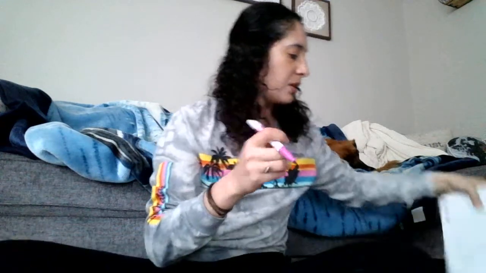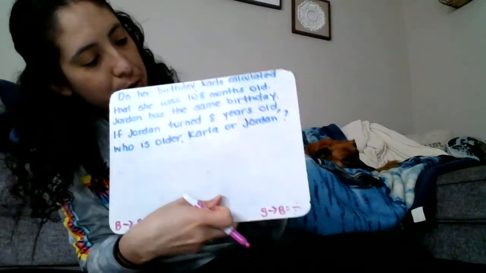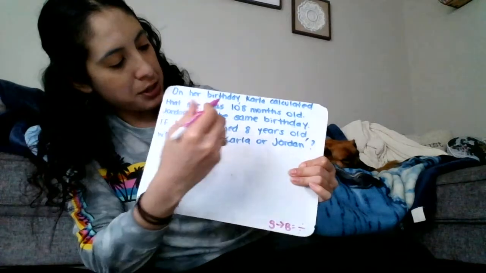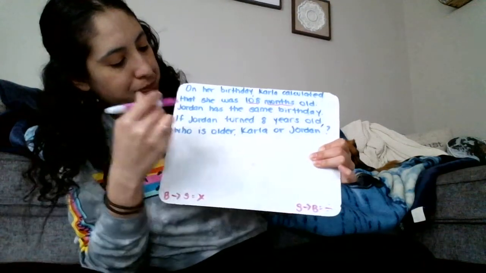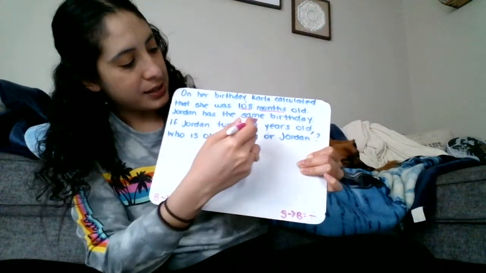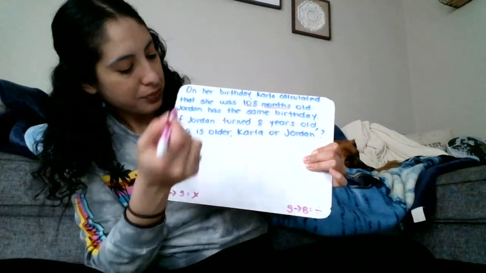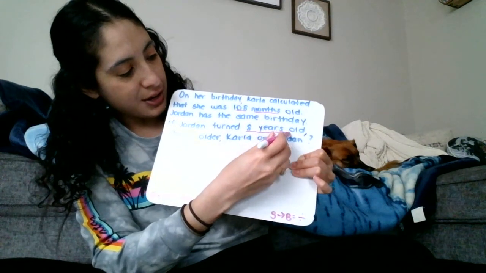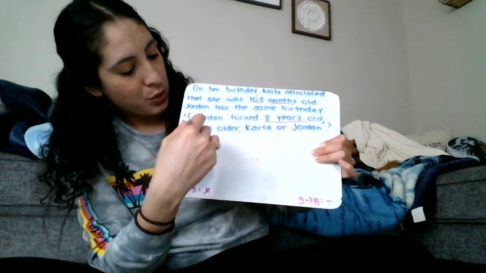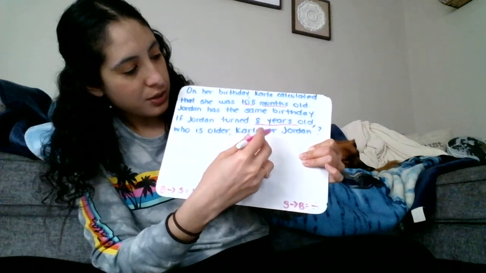Okay. So, on her birthday, Carla calculated that she was 108 months old. Jordan has the same birthday. If Jordan turned 8 years old, who is older, Carla or Jordan?